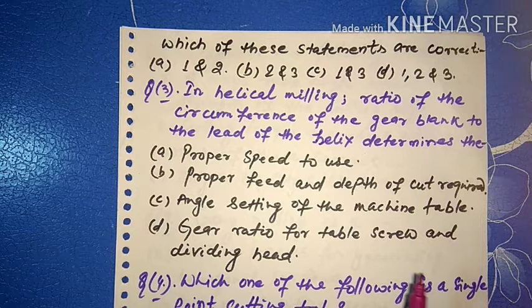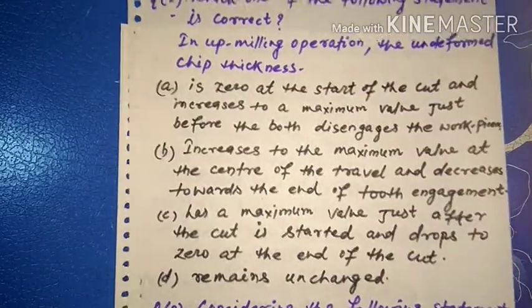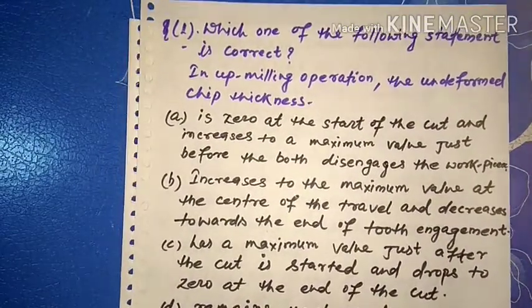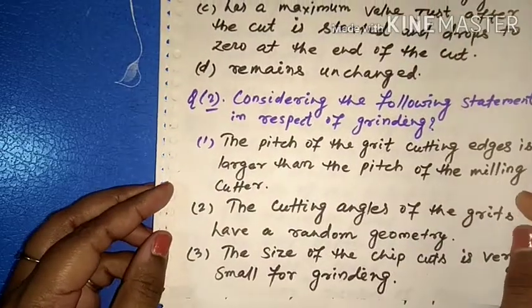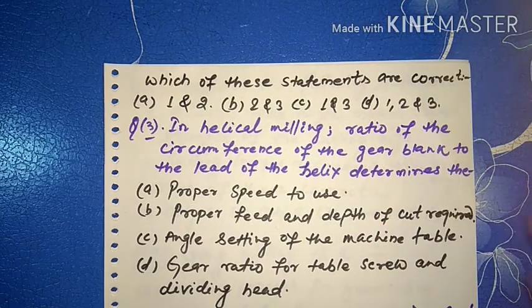So the pitch of the grit cutting edge is larger than the pitch of the milling cutter, and it has random geometry, and size of the chip cut is very small for grinding. In option D I have 1, 2 and 3, means 1, 2 and 3 all statements are correct. So option D is correct answer 1, 2 and 3.